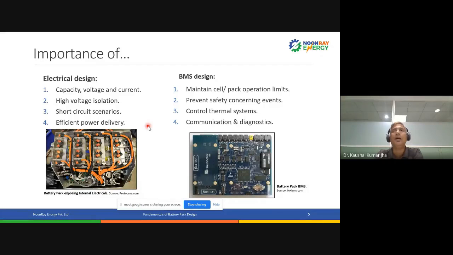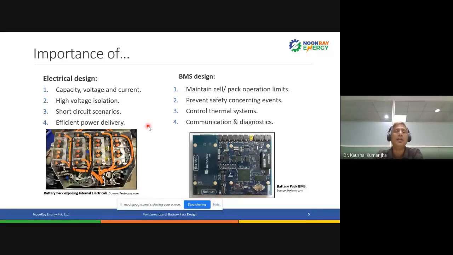That means if by any chance my battery terminal or the cables coming out from the battery touch the car body or chassis, the battery should automatically disconnect. That is what we call high voltage isolation.